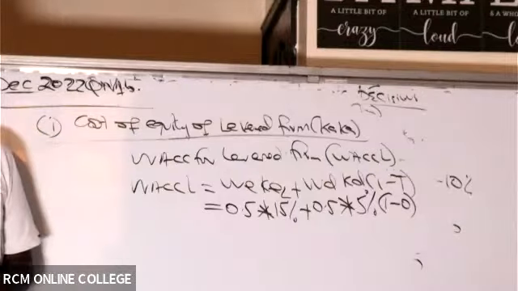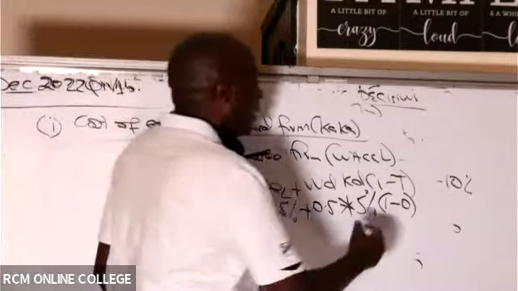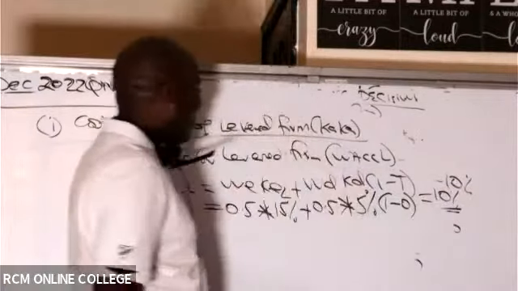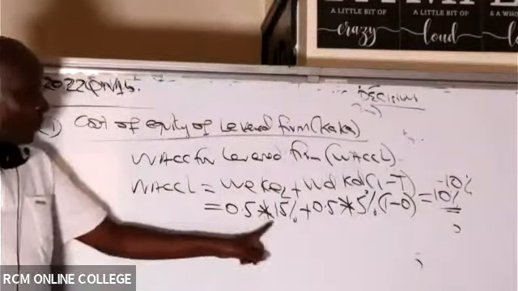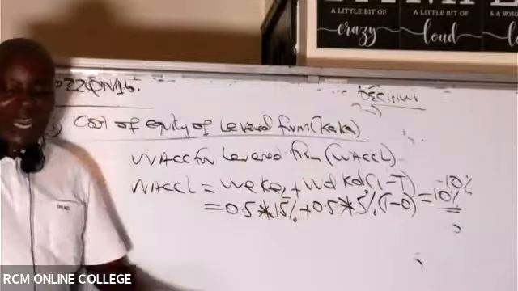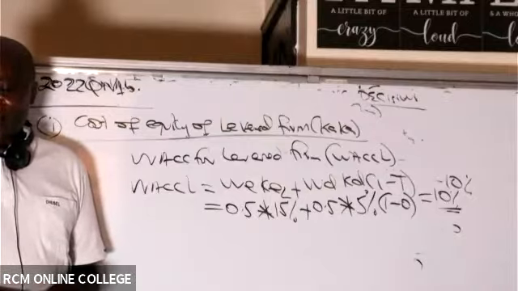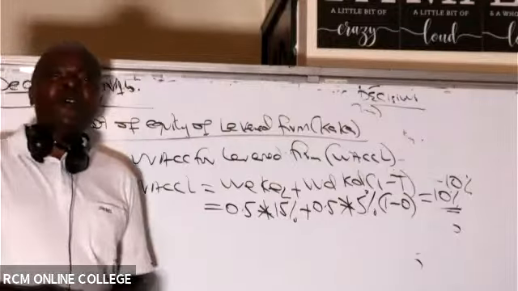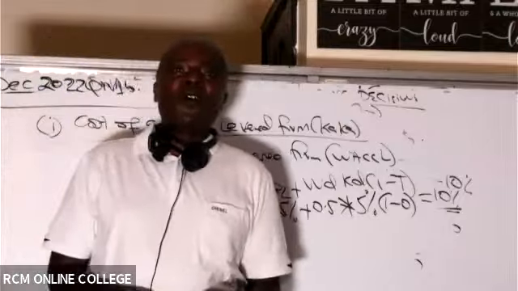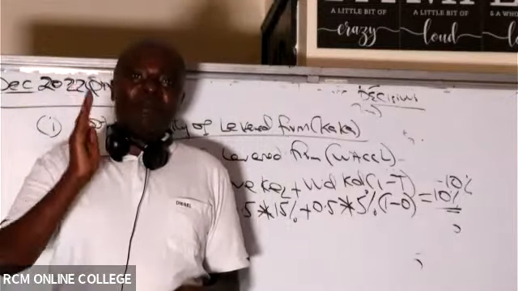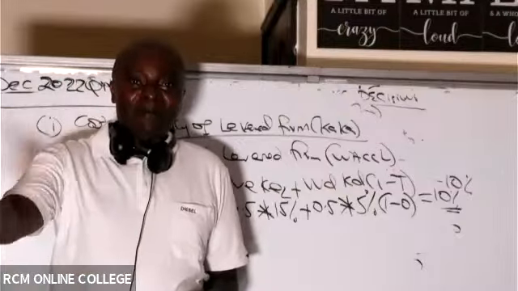So in this case, you can see here, are we able to get that 10%? This will be 7.5 and this will be 2.5. If I add both, I'll end up getting 10%. Then of course our comment there will be that with or without debt, the WACC of both firms are the same.